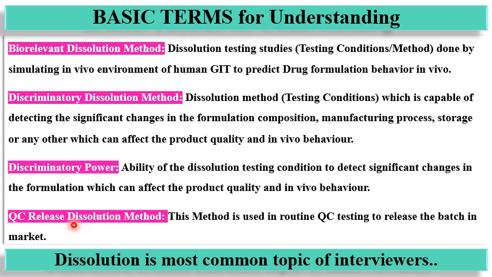This is because the QC release method is used in the manufacturing plant to release the batch in the market, and if it does not have discriminatory power, there is a chance that all the batches will pass the dissolution specification. That's why discriminatory power should be there in the QC dissolution method, and justification is also asked for the final QC release method to prove the discriminatory power.